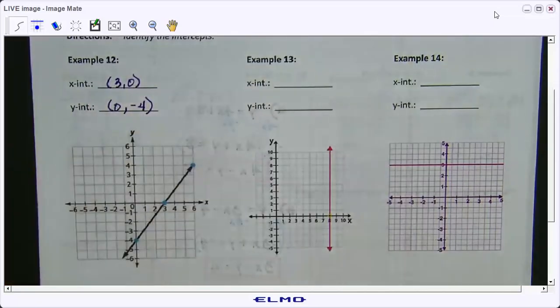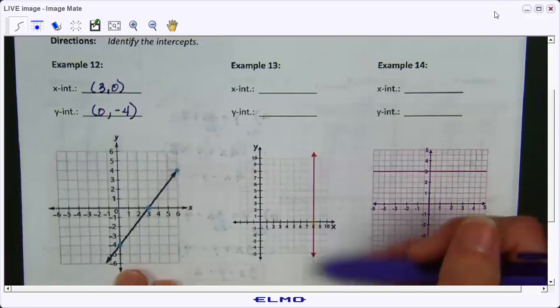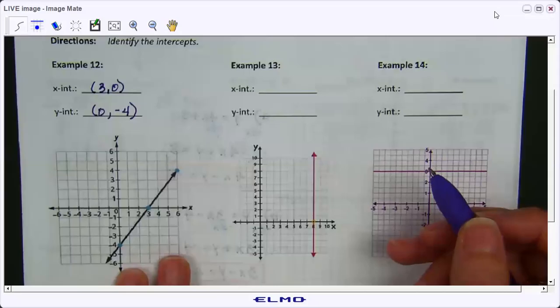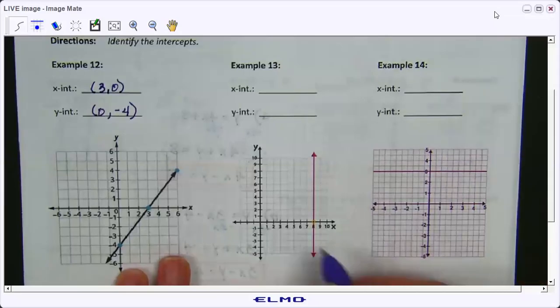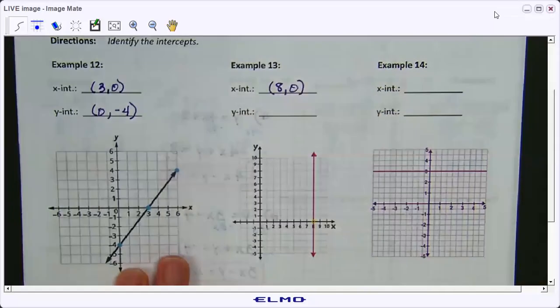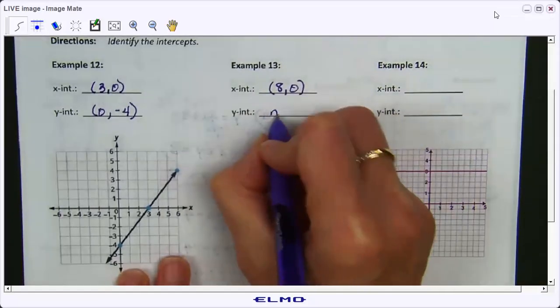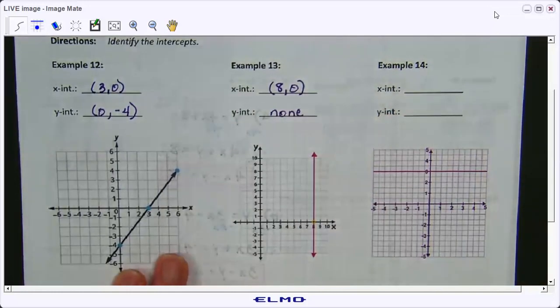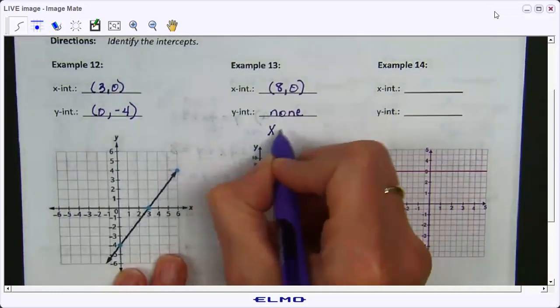But what happens when you have an undefined slope here? What is our x-intercept? 8. So it's at 8, 0. Do we have a y-intercept? No, so none. And the equation for this line is x equals 8.